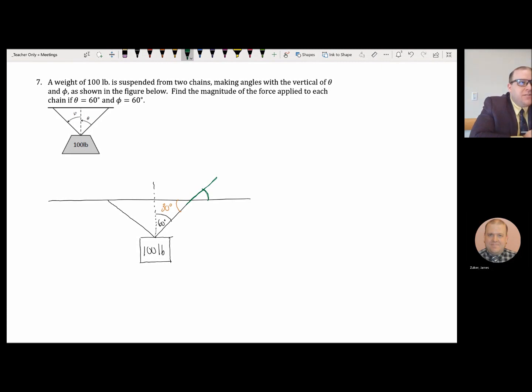What's that angle? Why is that important? Because we want the angle with respect to the positive x-axis. So that chain makes an angle of 30 degrees with respect to the positive x-axis.